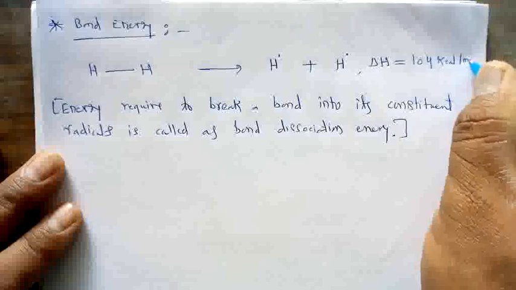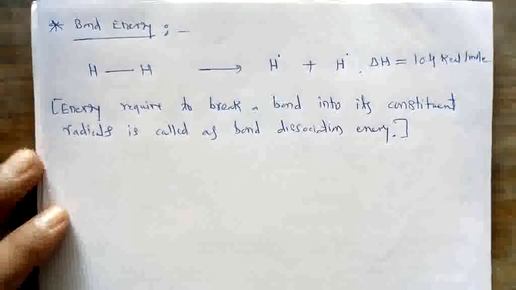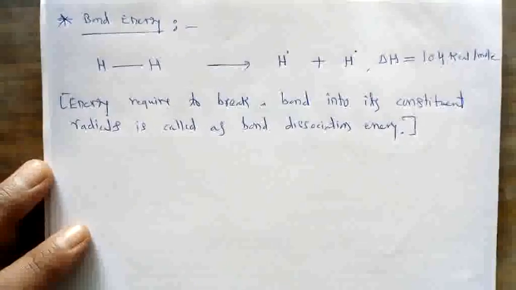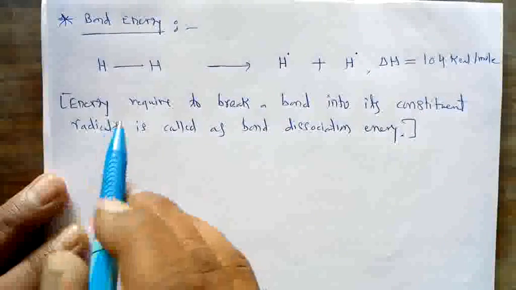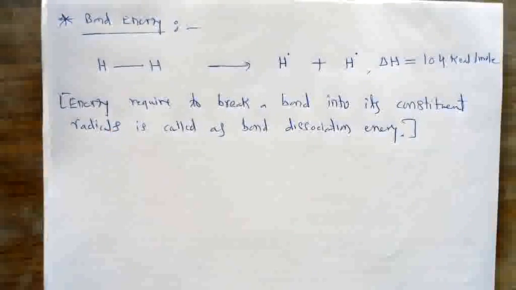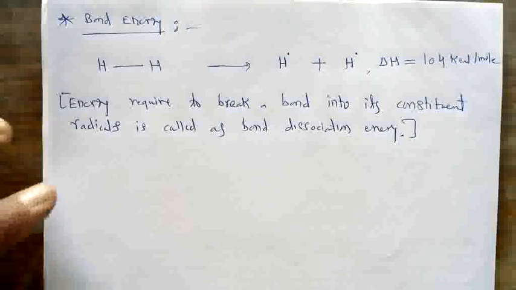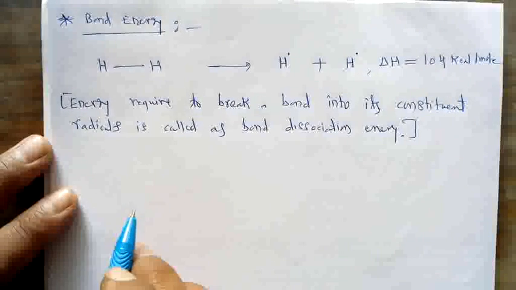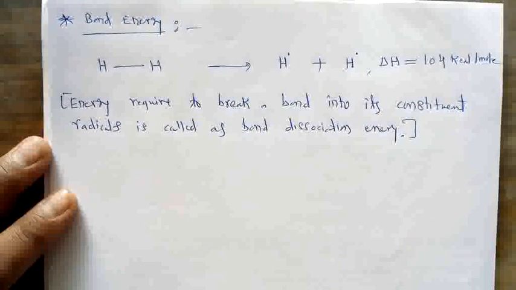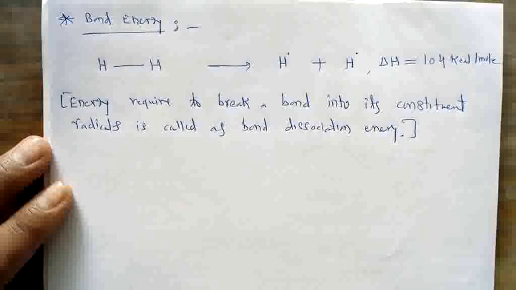This is a very important property as far as the strength of a bond is concerned. So this is the energy required to break a bond into its constituent radicals, which is one possible definition of the bond dissociation energy.